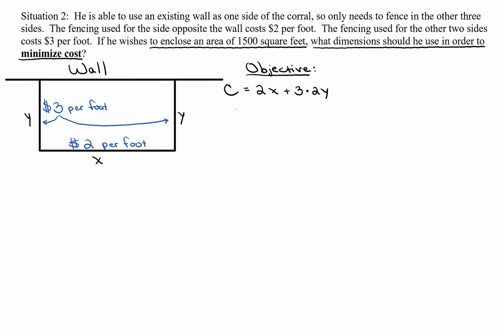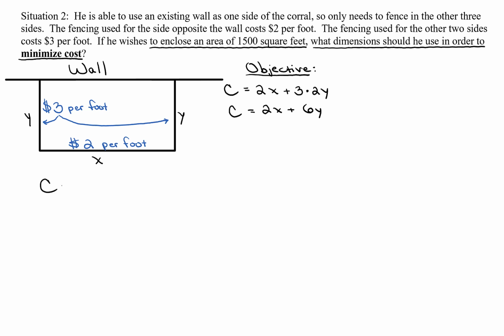If I simplify this, it'll give me C equals 2X plus 6Y. So I'm basically multiplying the amount that is per foot for each side times the length or the measurement of that side of the corral that we're working with here.